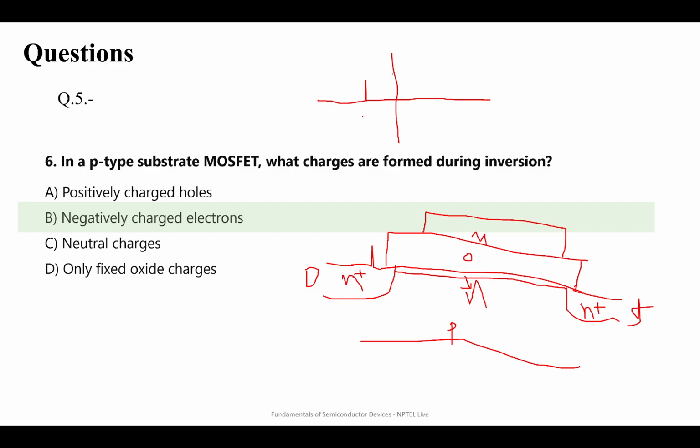The graph is energy versus x distance. So let's say your band bending is like this.